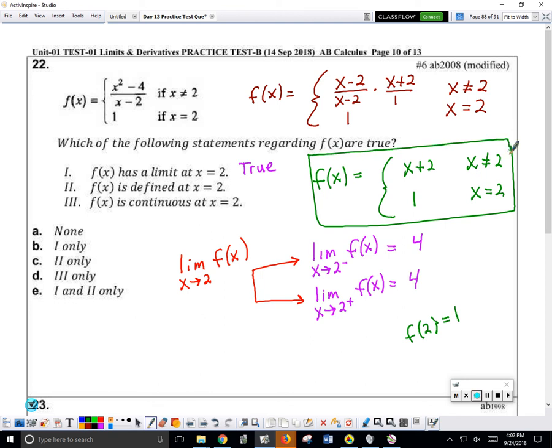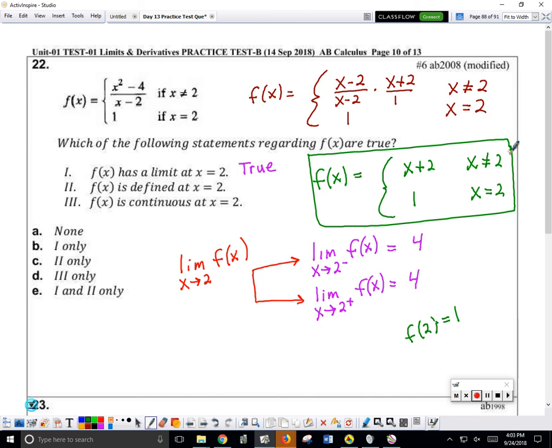A function's definition is the formula that is used to create the list of x, y pairs. With me? Or you could think of the graph as being the function's definition because they've just given you a picture of all the x, y pairs.